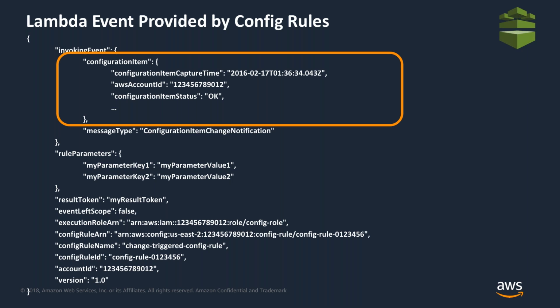The main difference between the configuration change trigger and the periodic trigger is that in the change trigger invoking event, the configuration item information will be present. But in the periodic time-based triggers, there is actually no configuration item information in the invoking event. And this is quite important when we start to build our own custom config rules. We'll delve into that later in this session.